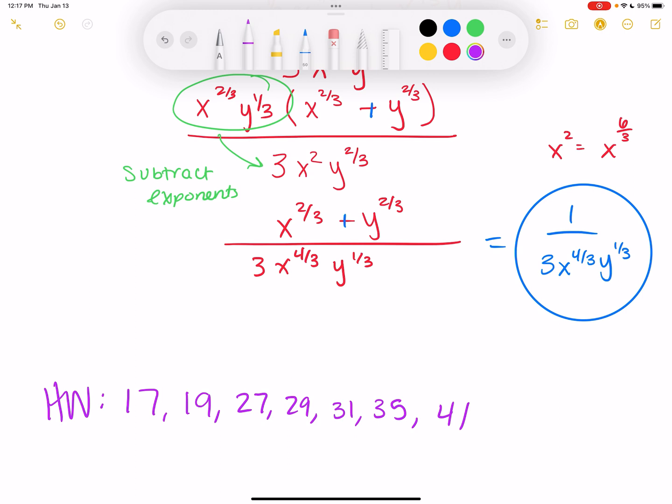Yesterday it was 1, 7, 9, and 13. Those would be good problems to look at. So, a lot of homework.